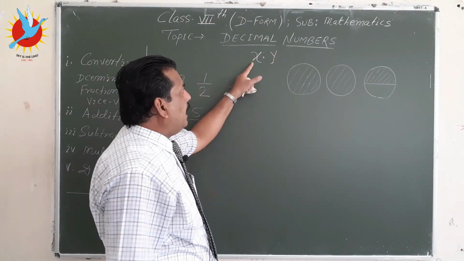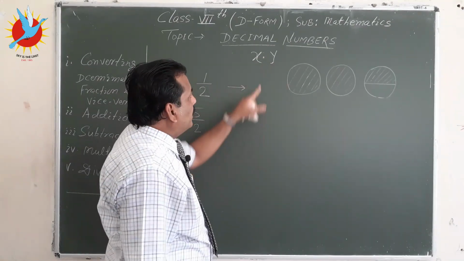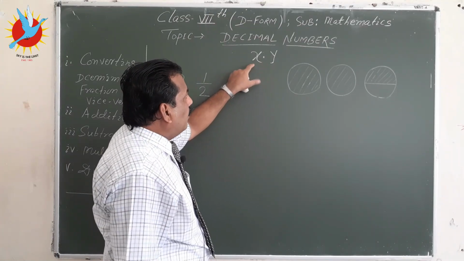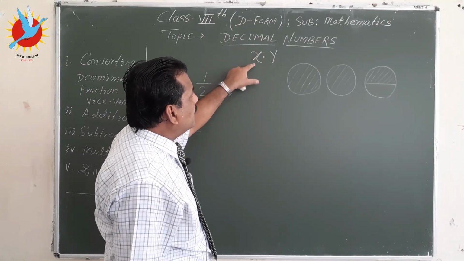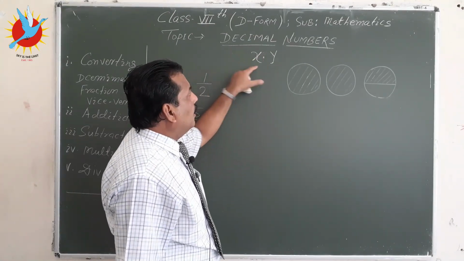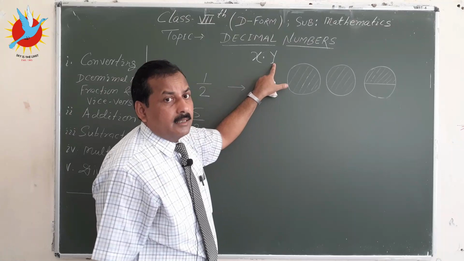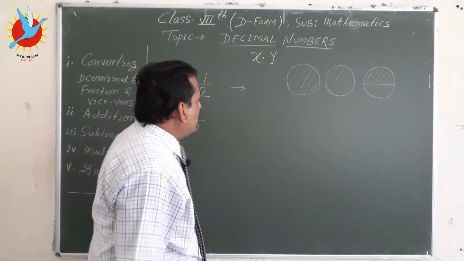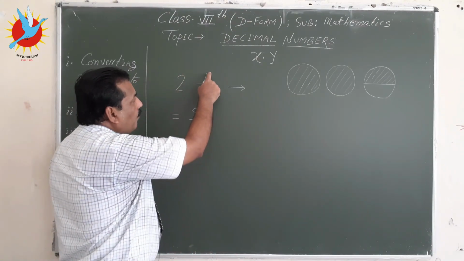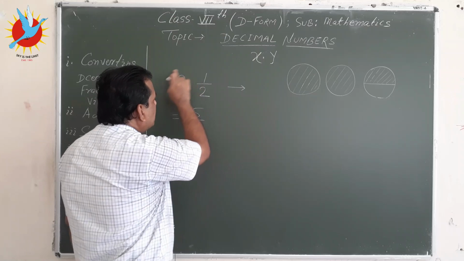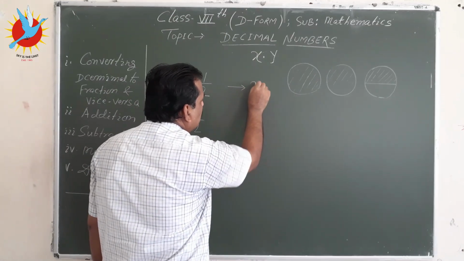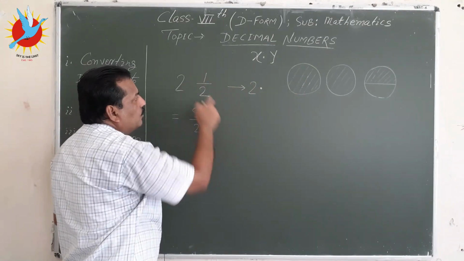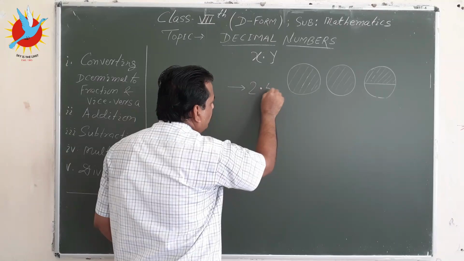This is read as x point y, meaning there is a dot which is the decimal point, and on the left hand side this x represents the whole part, and this y represents the less than one part, meaning the fractional part. So for this 2 and 1 by 2, this is the whole part, so we can write 2, then the decimal point, and for 1 by 2, we write 2.5.